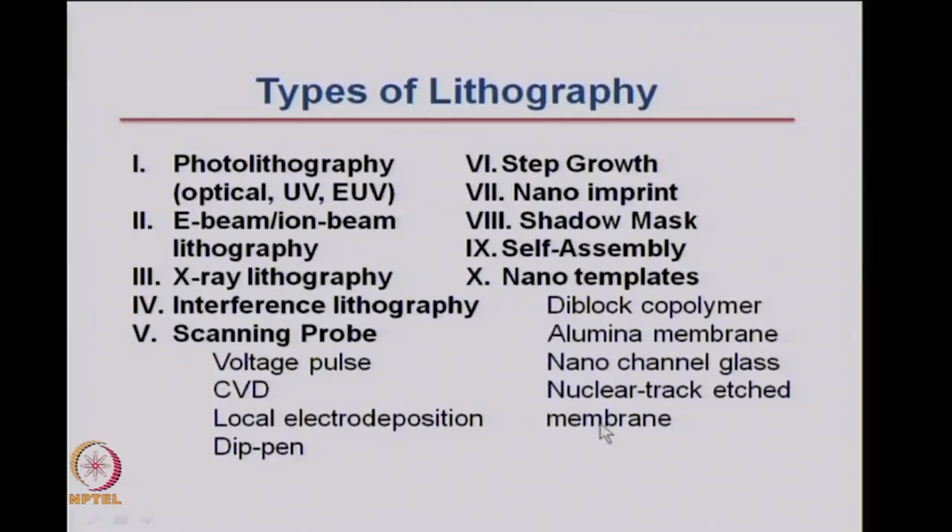Then you can have membranes which have been made using nuclear radiation. These are called nuclear track etched membranes. So, a variety of techniques is available to carry out different types of lithography to make design patterns on substrates, which then can be used for certain devices.